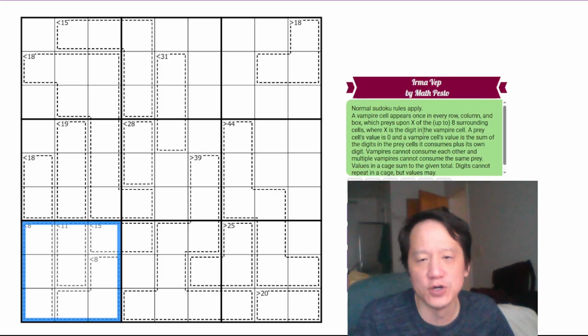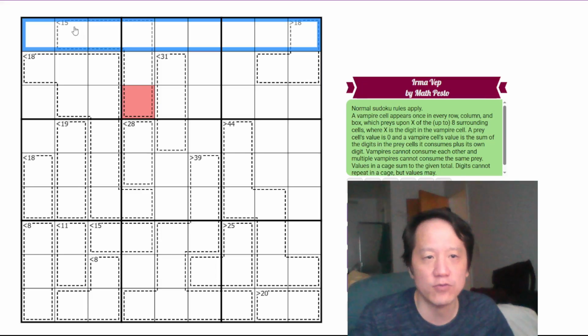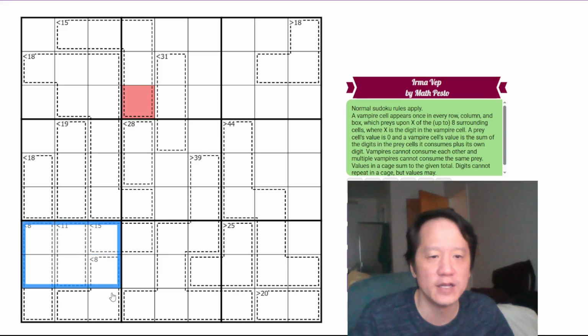Okay, so let's try to figure out how that works. We have a vampire cell which appears once in every row, every column, and every 9-cell region or box.